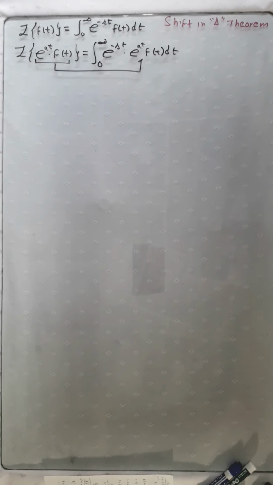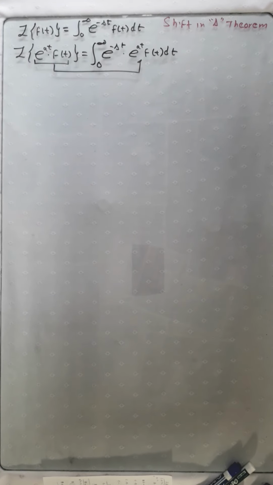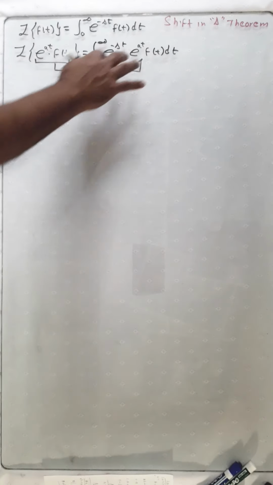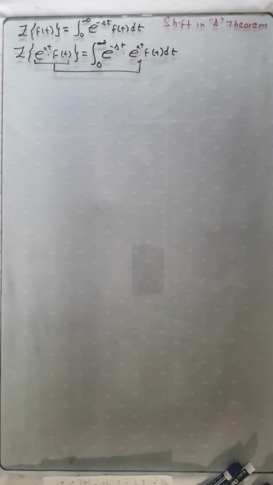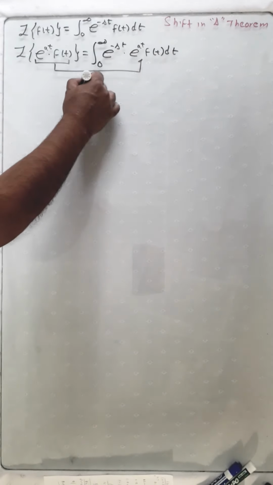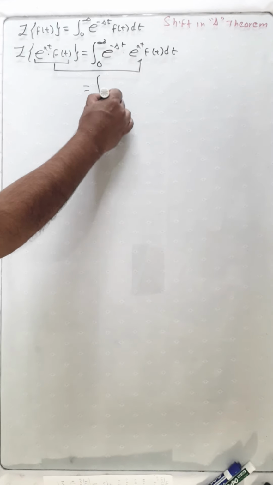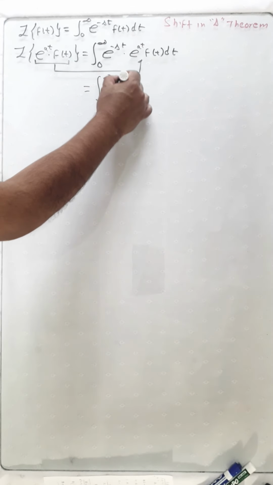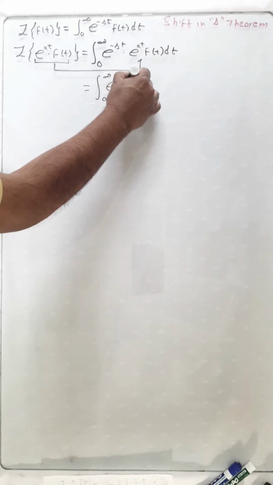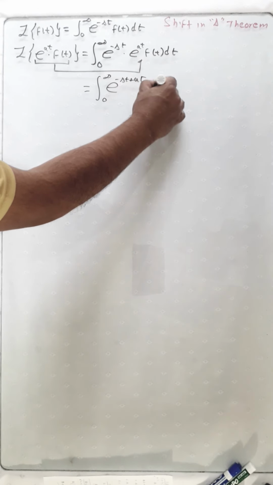Okay, so because we have here two exponentials with the same base, that means that we can have a single exponential: the integral from 0 to infinity of exponential of minus st plus at, f of t, differential of t.